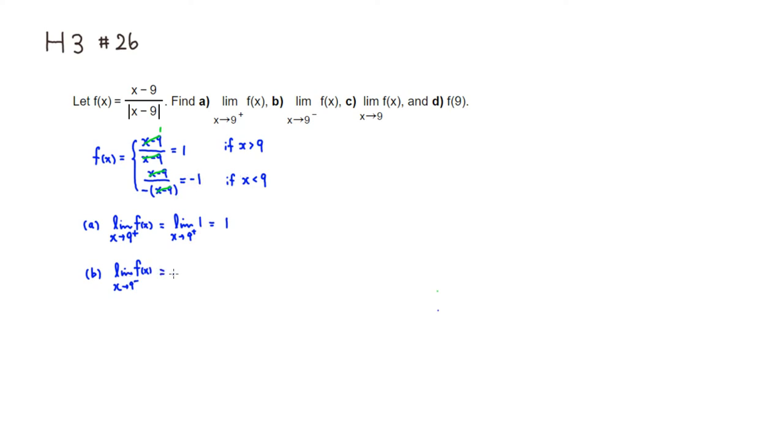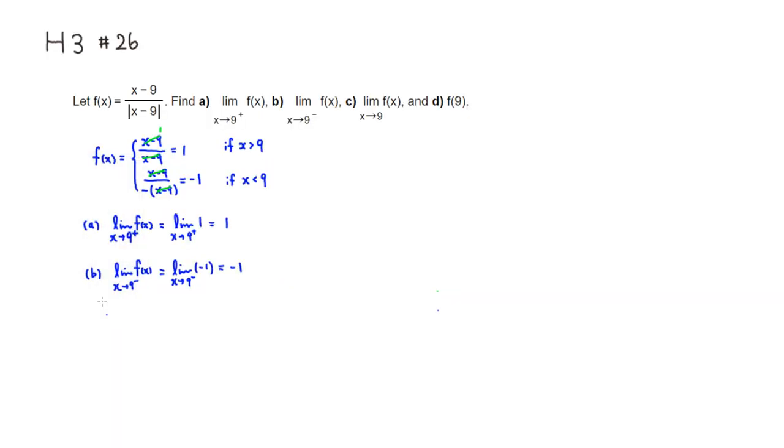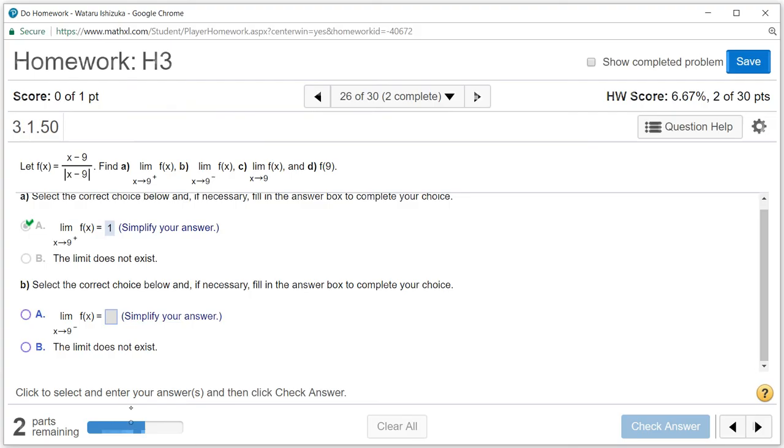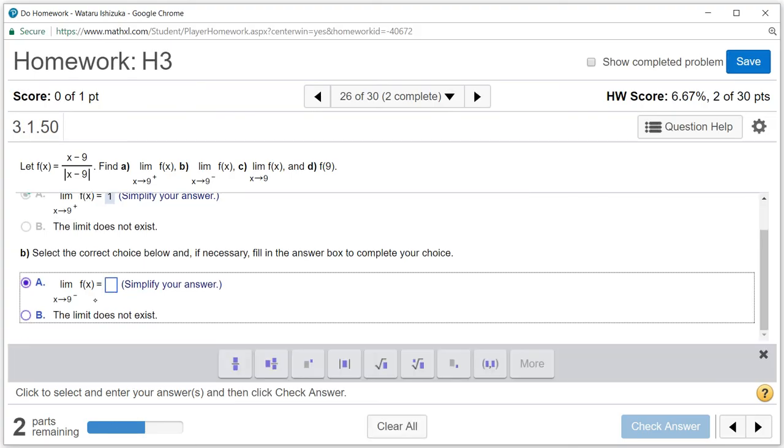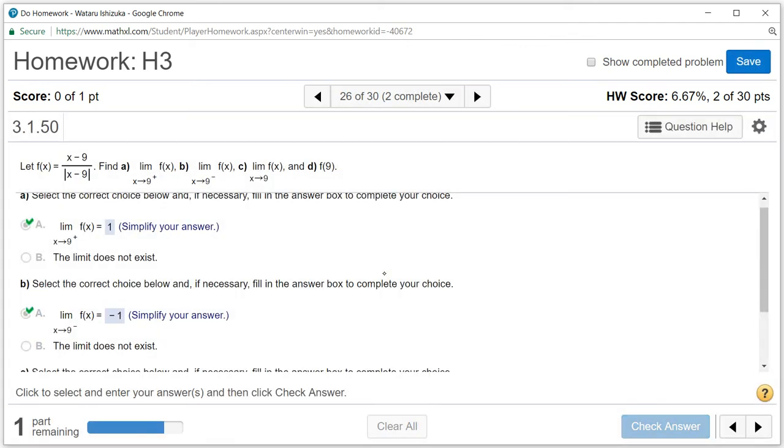So you have the limit as x approaches 9 from the left of negative 1. The limit of negative 1 is negative 1. Let's type it in. So this comes out to be negative 1. Put negative 1 there and check the answer. We got that.